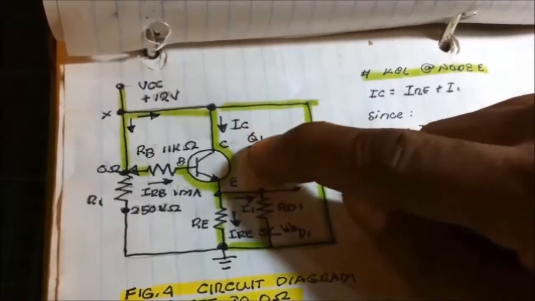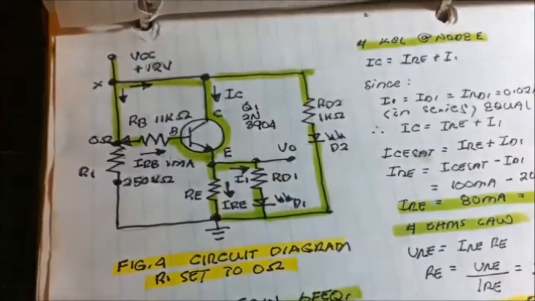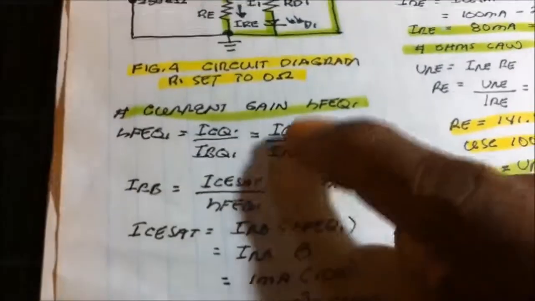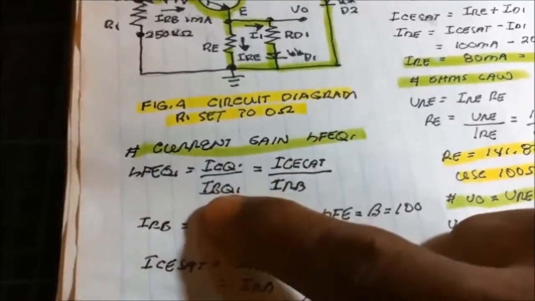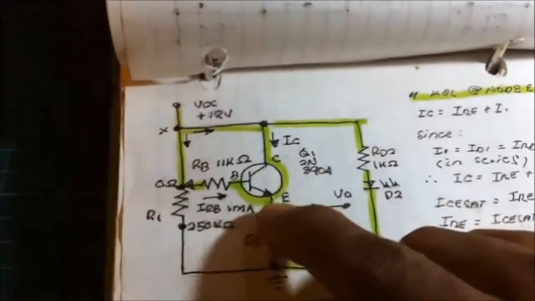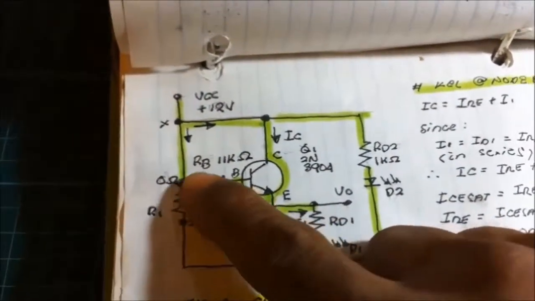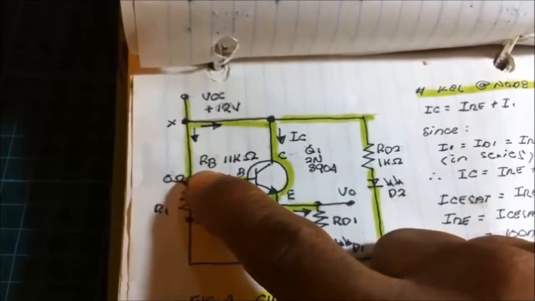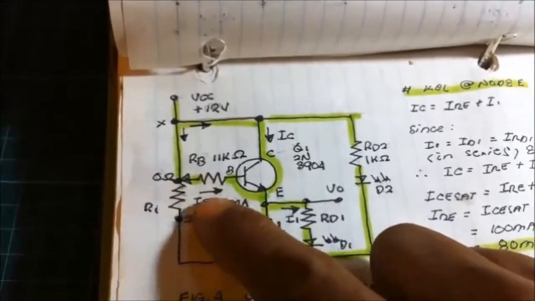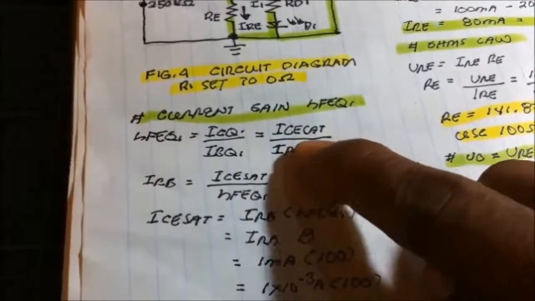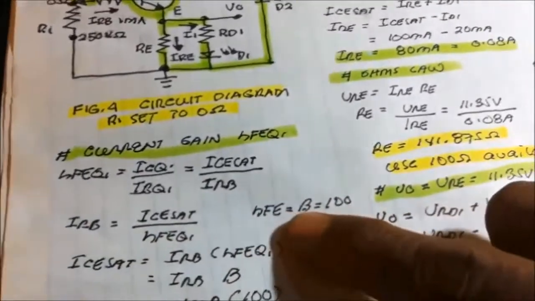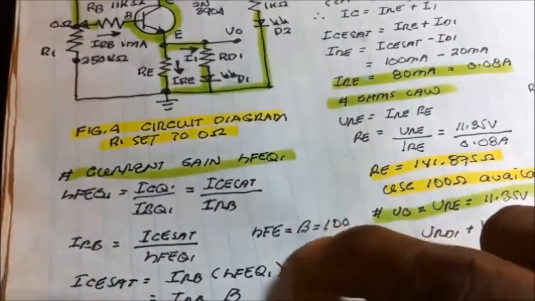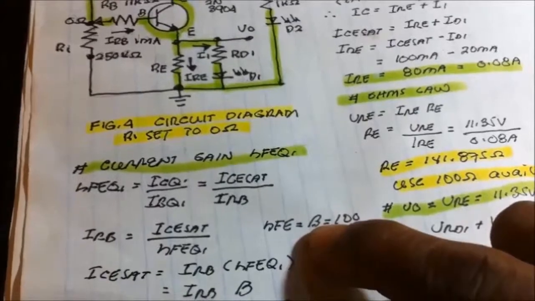IC is equal to the collector-emitter saturation current of this transistor. And the base current, HFE, is equal to IC over IB, which happens to be the current that flows into the RB. That is the base current, current IRB. By transposition, I'm using HFE of 100, also known as beta.